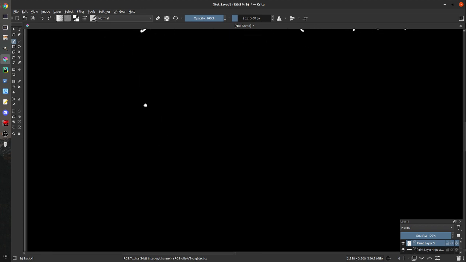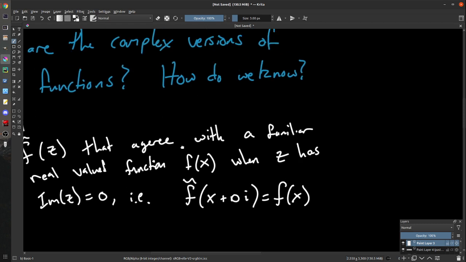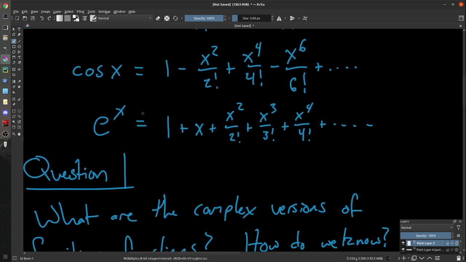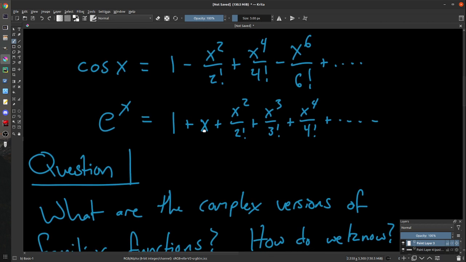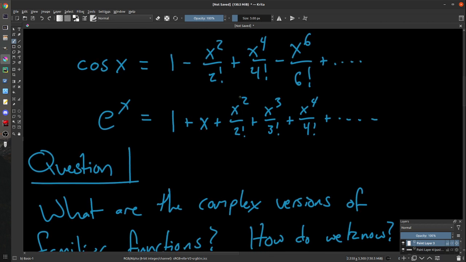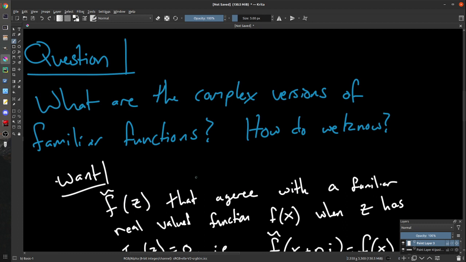So let's start with a good one. Let's start with e to the x. As we can recall earlier, we remember that e to the x has a Maclaurin series that looks like this. It's 1 plus x plus x squared over 2 factorial and so on, right?